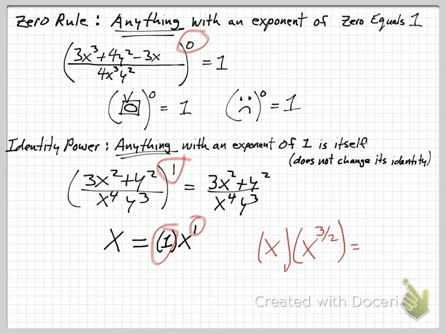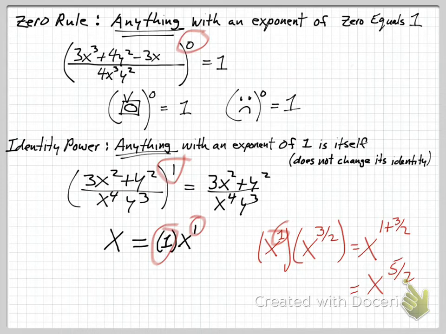So I'm going to add, even though it's not written, it's assumed to be 1. So this is actually going to be x to the 1 plus 3/2. Common denominator 2. So this is actually going to be x to the 5/2. The key is it wasn't written, but we have to assume that that 1 is there.